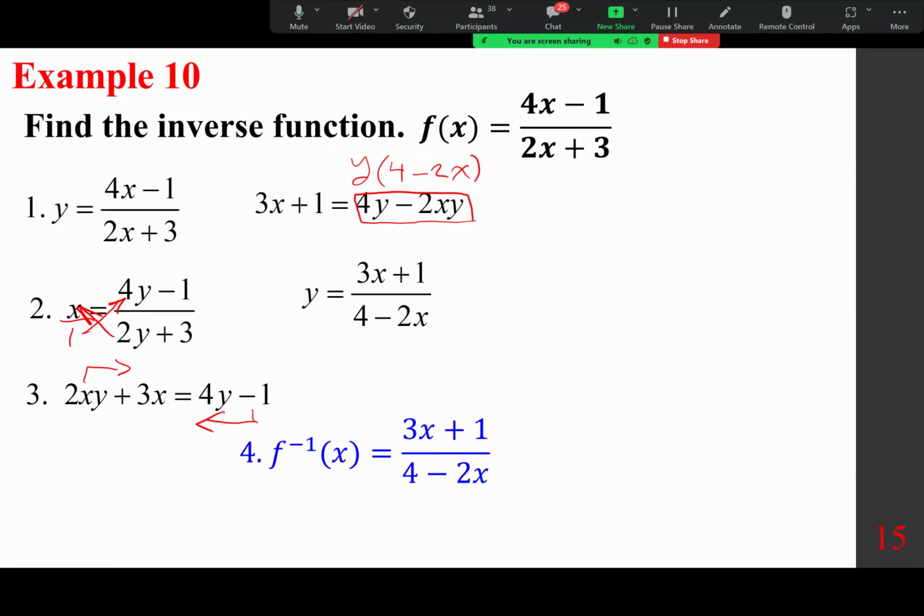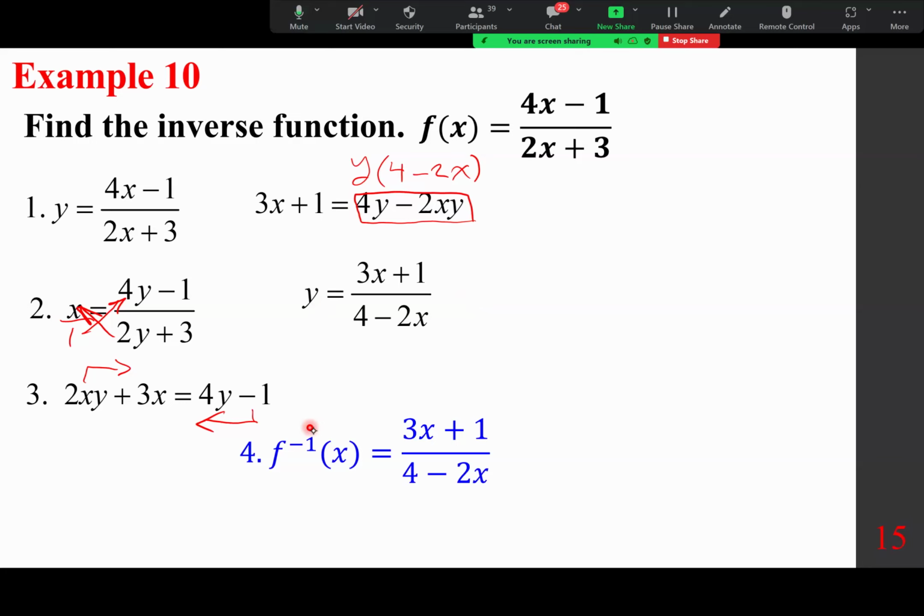So let's quickly recap to make sure everybody's in good shape. Number one, we change f of x to y to make life easier. Number two, we interchange x and y. So this becomes x, this becomes y, this becomes y. Number three, solve for y. Takes a couple of steps, you solve for y. Number four, change the name y to f inverse.